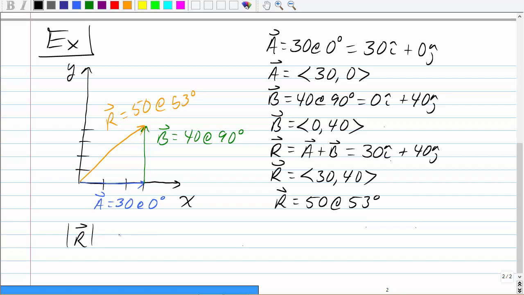To find the length of vector r, we use a symbol with the absolute value signs around vector r. This represents the magnitude of r.